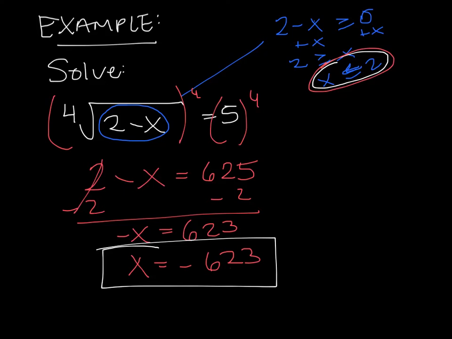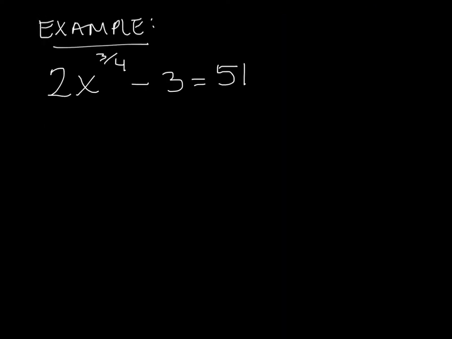Okay, and I have one last example, with a fractional exponent. So we've got 2x to the 3/4 minus 3 equals 51. I want you to keep in mind that this is the same thing as taking a 4th root and cubing it, in either order.